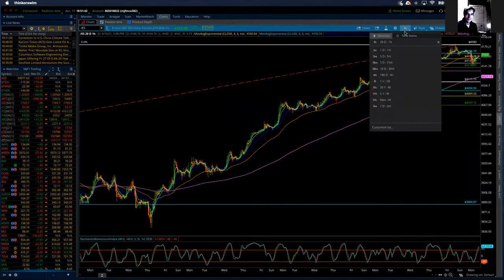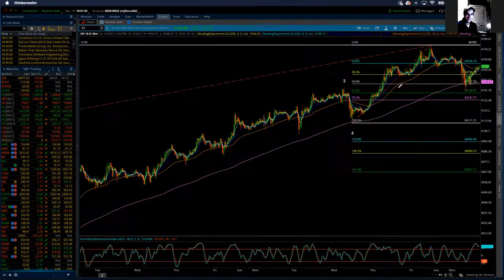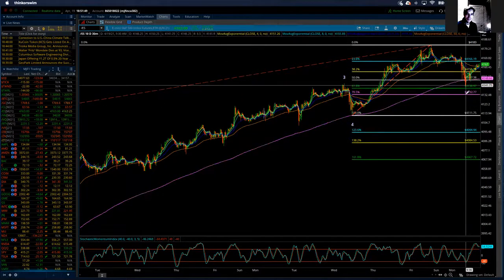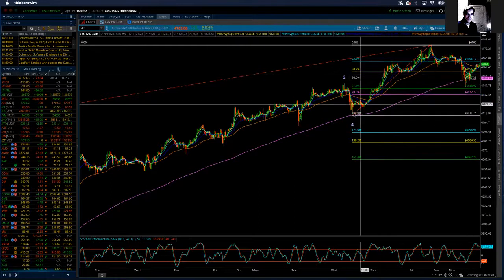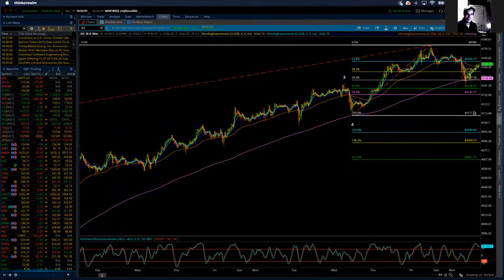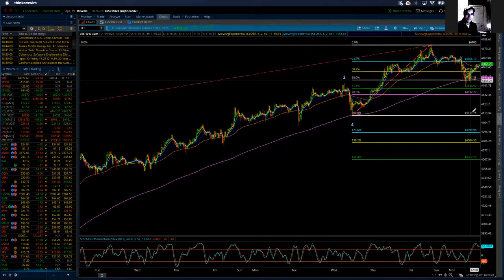Let's just drop this down to 30 so I can see this a little bit cleanly. It has dropped down almost to 0.618. Clearly within the realm of reality and clearly within what can happen. In fact, this wave can actually come all the way down to 4,111, excuse me, or 4,112. So that zone.